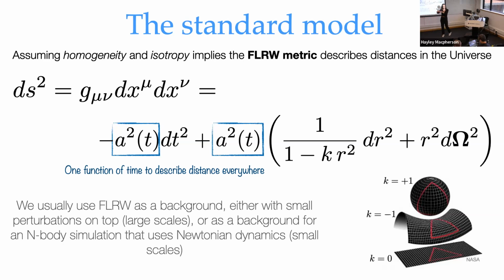Or it's also used if we're interested in small scale nonlinear dynamics, as a background expansion within our Newtonian cosmological simulation. So these are all the regular n-body simulations that you're used to seeing in cosmology. We'll have our background expansion as the FLRW with the particle dynamics added on top using Newtonian gravity. And so this is where this model enters throughout cosmology.